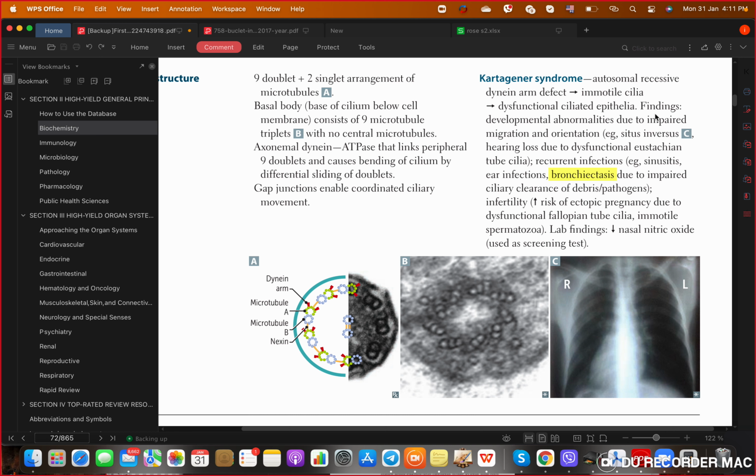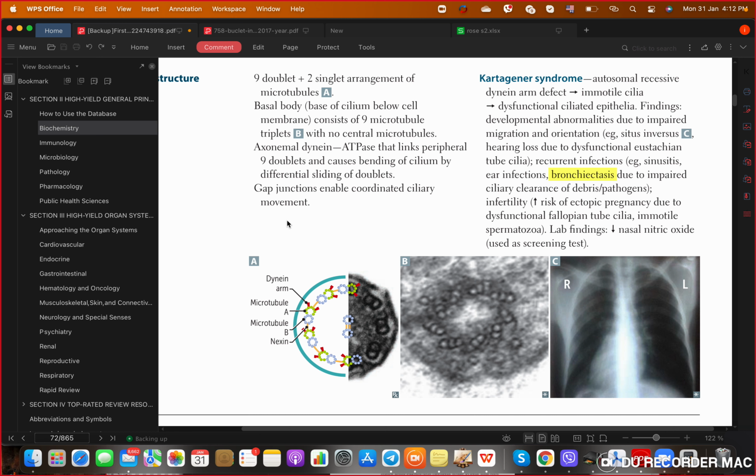Also infertility, which increases the risk of ectopic pregnancy due to dysfunctional fallopian tube cilia. Remember, in the fallopian tube of a lady, there is this cilia, and basically, in the fallopian tube, this thing is super serious. Why? Because in the fallopian tube, they cannot propagate and move the zygote forward.